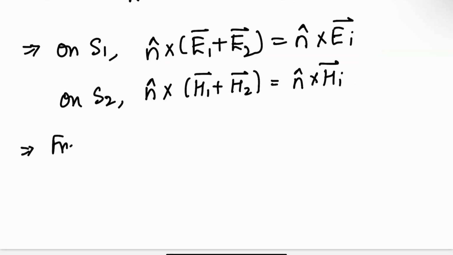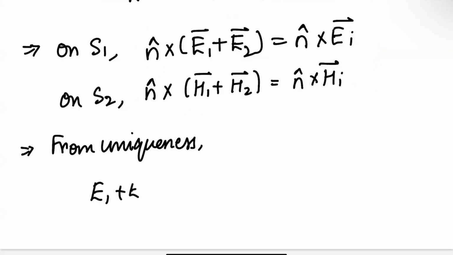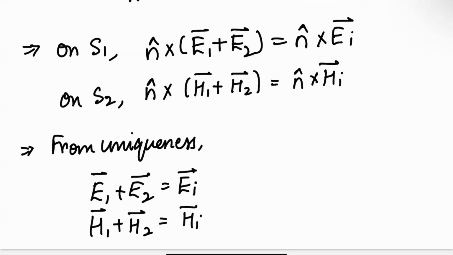Implies from uniqueness, E1 plus E2 is equal to EI and H1 plus H2 is equal to HI. This is only in the right half space. Okay, and that completes the proof.